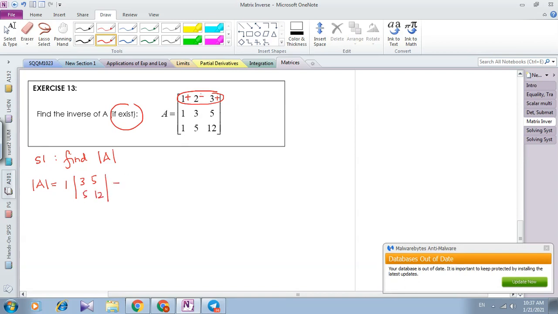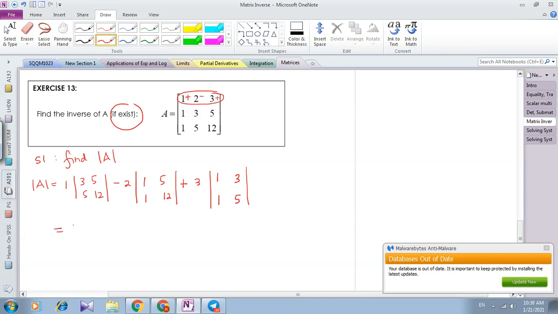Minus, because we have minus here, minus 2 times the determinant of 1, 5, 1, 12. And finally, plus 3 times the determinant of 1, 3, 1, 5.